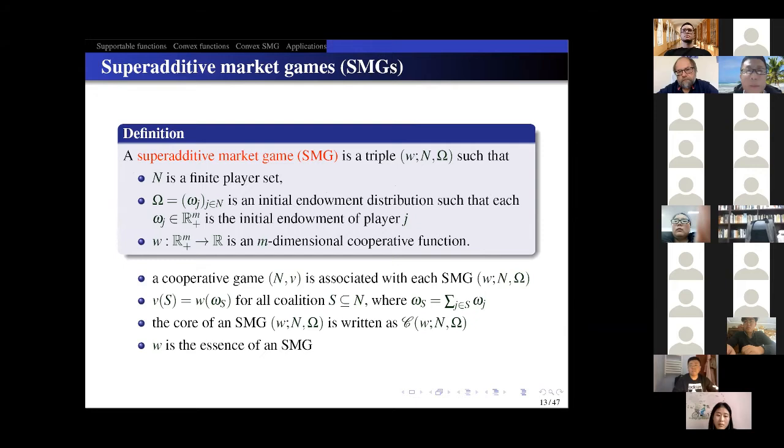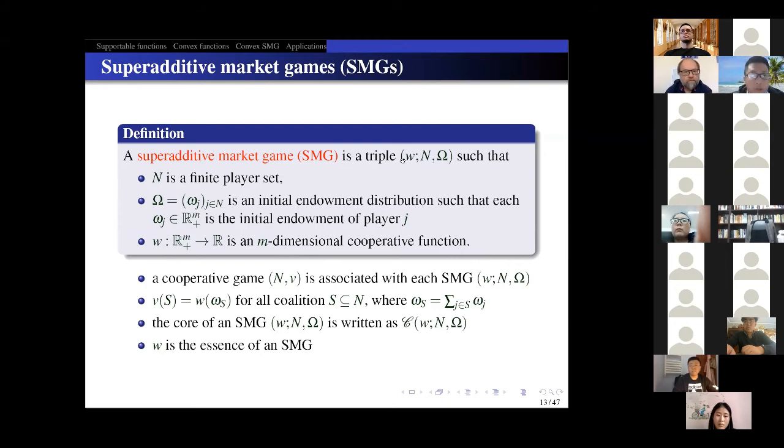Okay, so what is a superadditive market game? This is a class of cooperative games I study. A superadditive market game is a triple (N, Ω, W). Here N is a finite player set. Capital Ω is the initial endowment distribution, such that each little ω_j is the initial endowment of player j. And here this ω_j is a vector of m dimensions, and W is just the cooperative function I introduced.